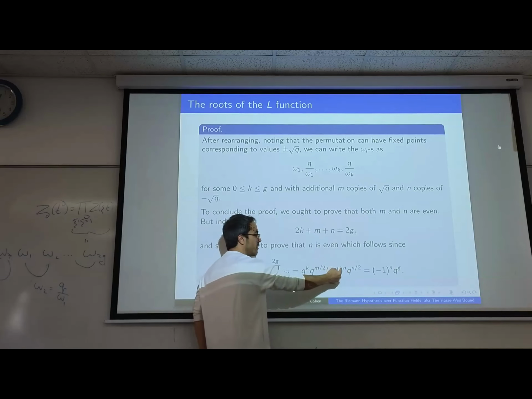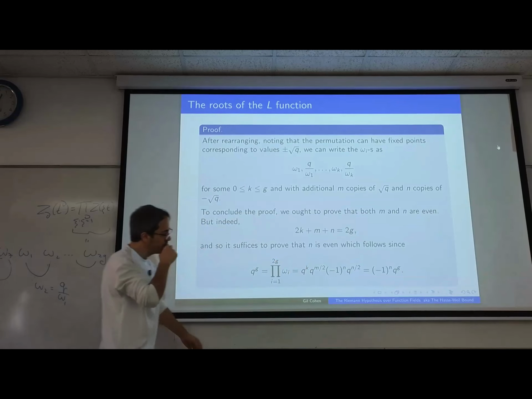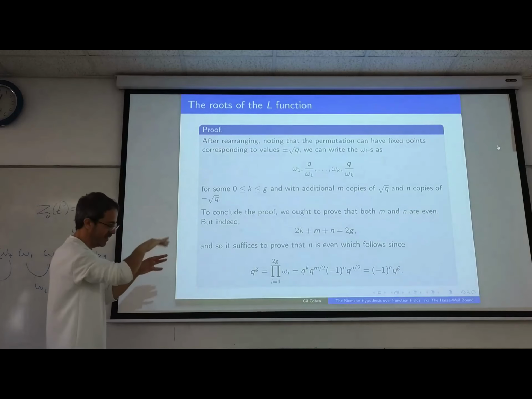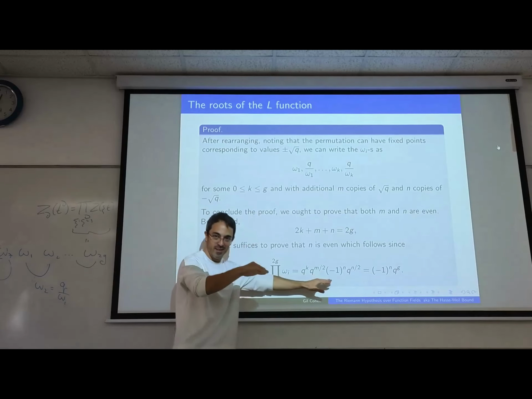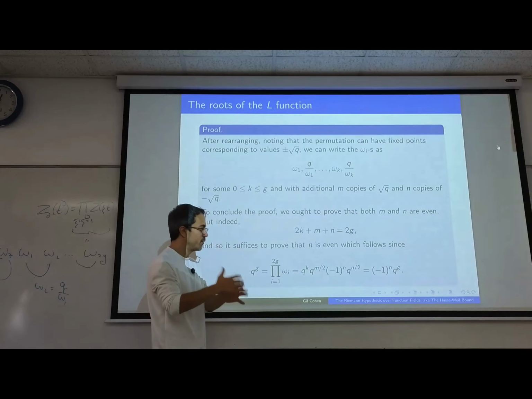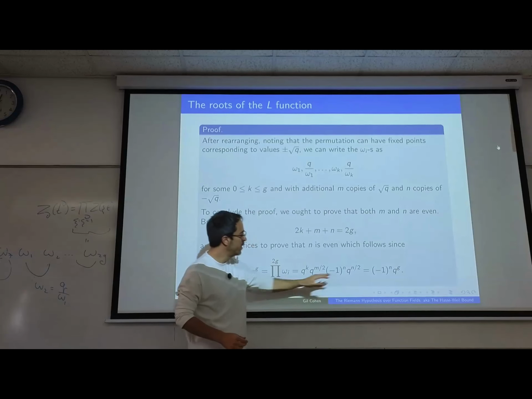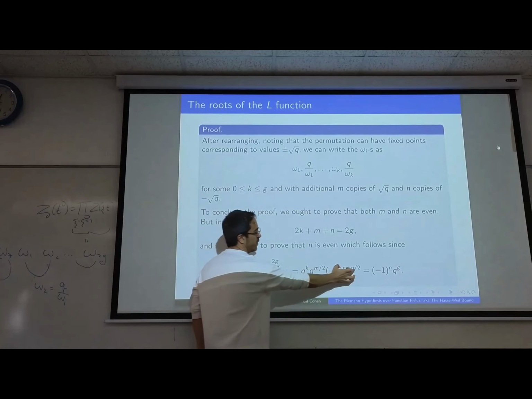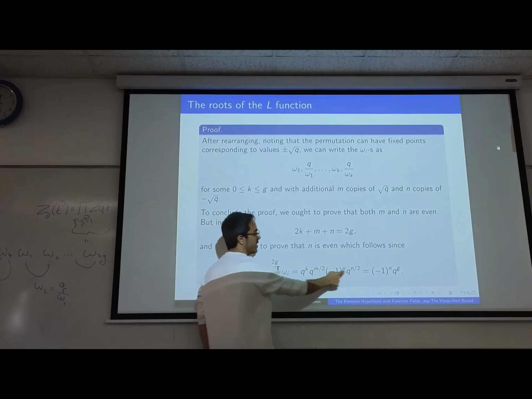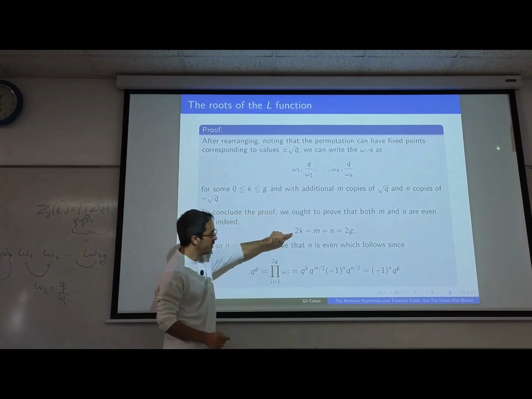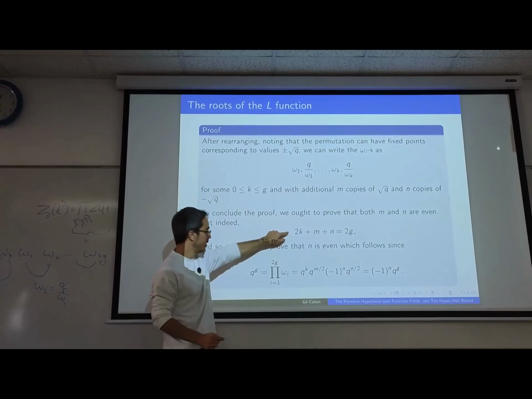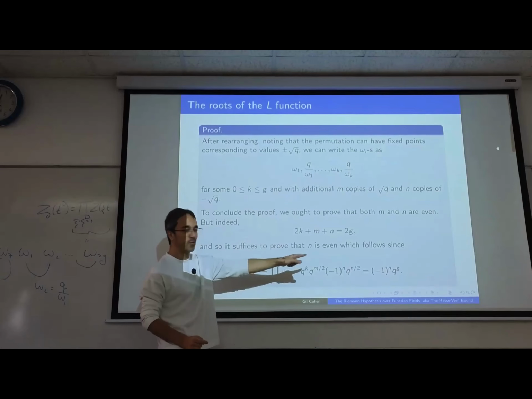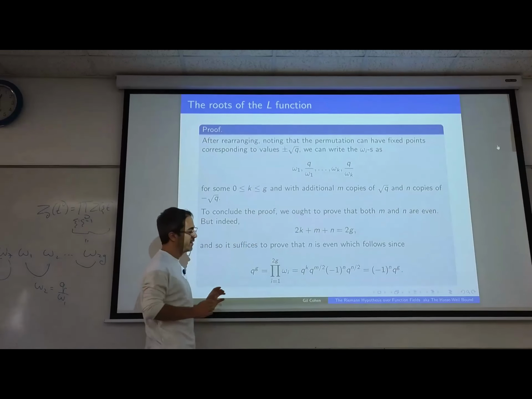So I can write it as minus 1 to the n, q to the n over 2. There is no issue, there is no square root on the minus 1 or anything, it's just minus square root of q to the n. And now if you stare at it for a second, the exponent of the q's, k plus m over 2 plus n over 2, is again g. So q to the g is minus 1 to the n times q to the g, so n is even.